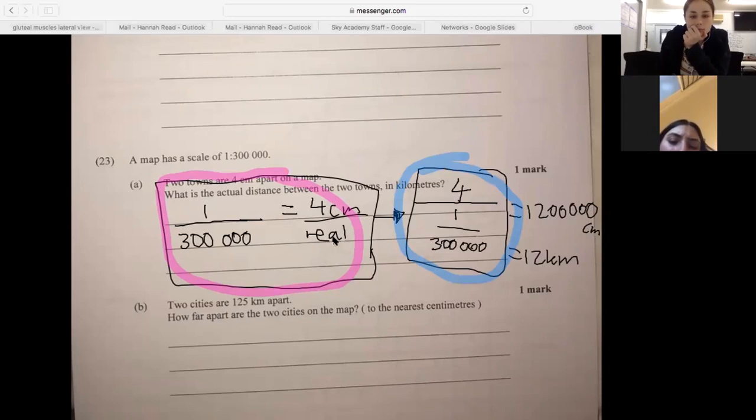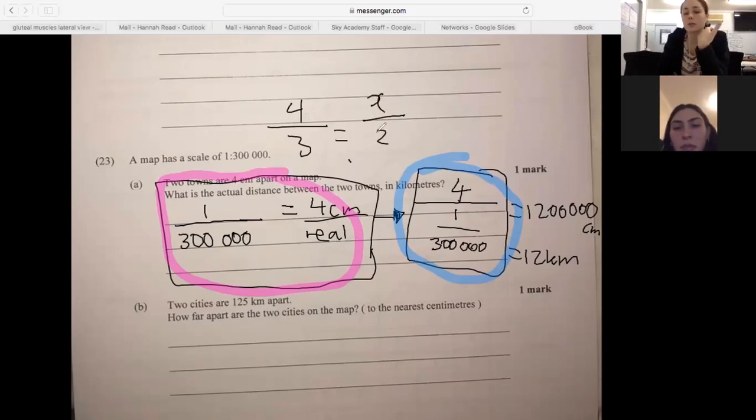How did I get 4 over 1 over 300,000? So what if I just did 4 on 3 equals 2 over x? If I wanted to get x by myself, I'd take this one over and times, so it'd be 4 on 3 times 2. Because if this is divide, you do the opposite, yeah?